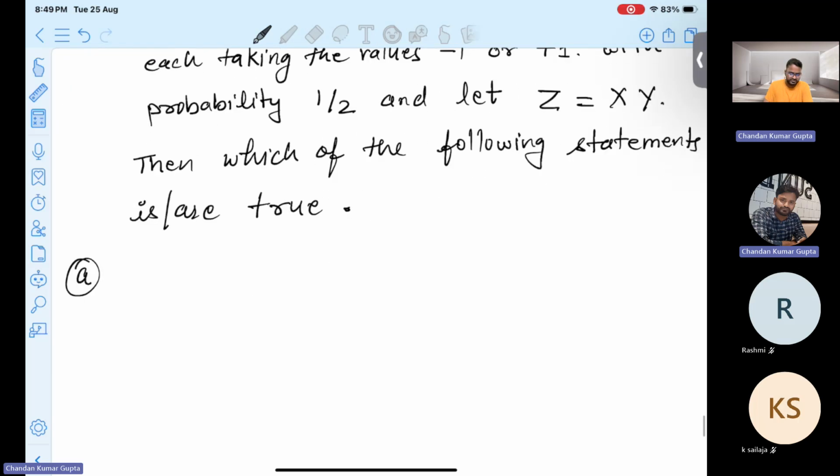The first one is X, Y, and Z are pairwise independent.